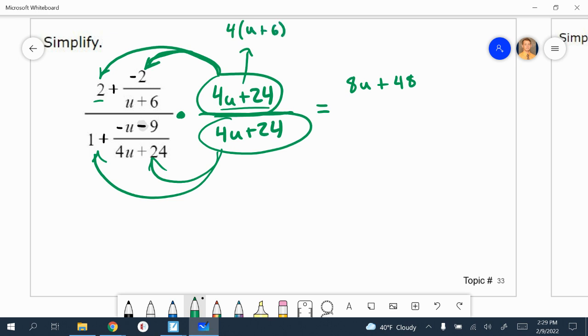That's important to note because this stuff is basically going on top. So the u plus 6 will cancel out with the bottom term right there. So what will we be left with? We'll be left with that -2 that I accidentally erased and the 4. -2 times 4 is -8.